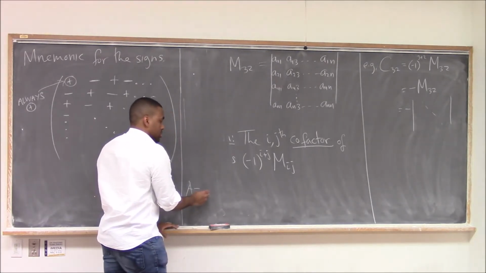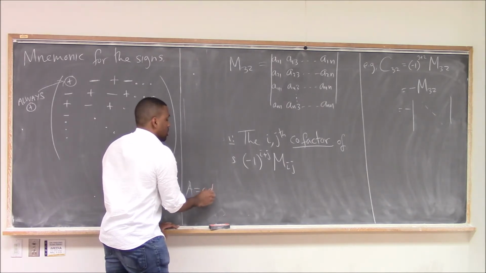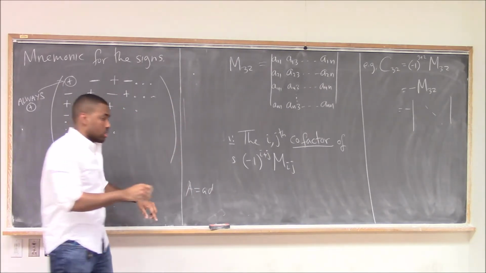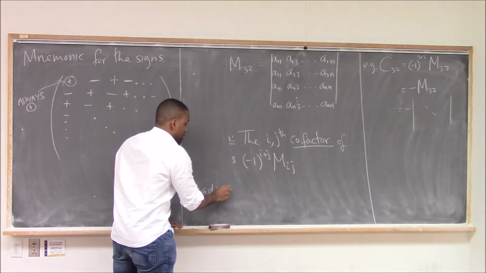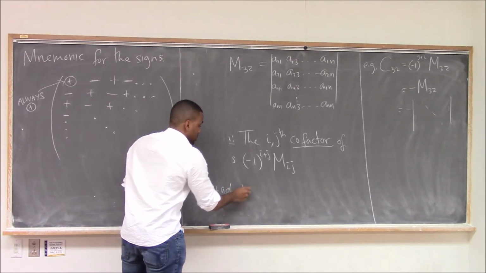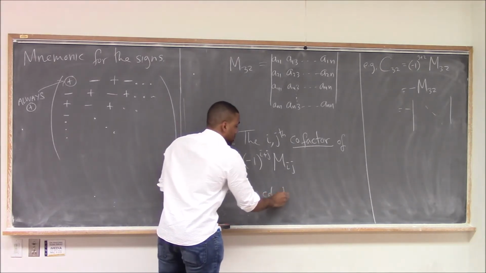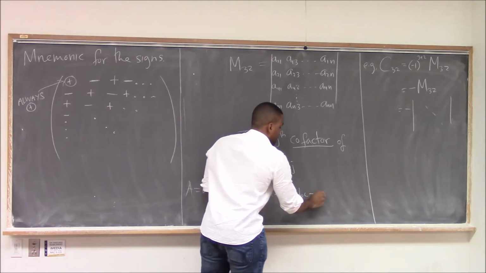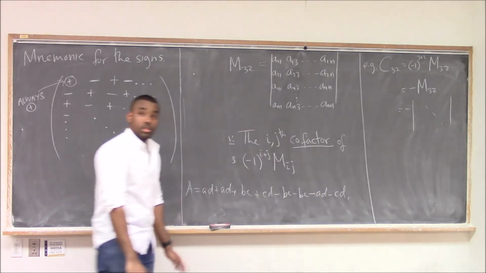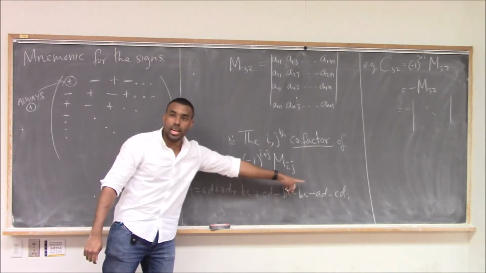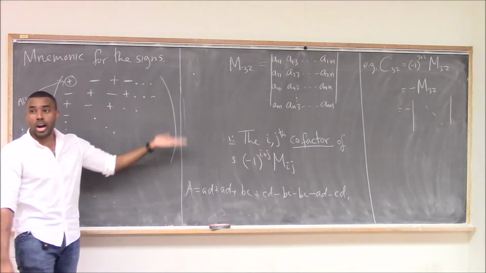It was AB plus AD plus BC plus CD, then minus BC, minus BC, minus AD, minus CD. Right. So it turns out there's a systematic way of doing this. Some of them got a plus sign, and some of them got a minus sign. This is the strategy for how you get those signs.